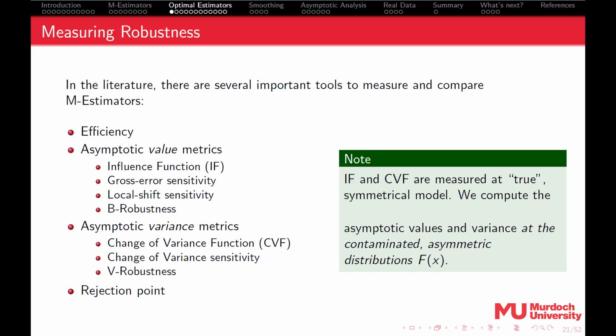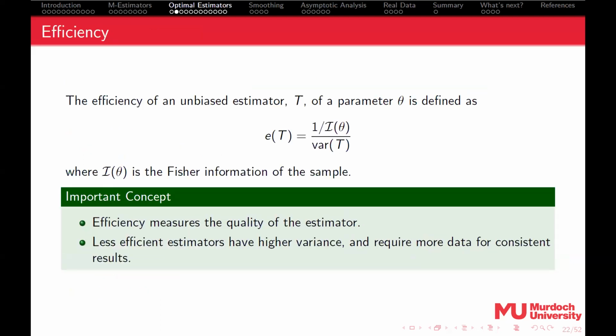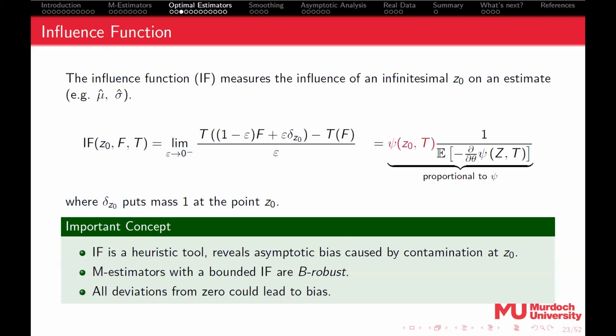What is interesting is that measures for the asymptotic value and variance are based on the true distribution. What happens to these estimators when you have asymmetry? I'm not going to go into the definitions here, but efficiency is a measure of the quality of the estimator, and less efficient estimators have higher variance and require more data for consistent results.